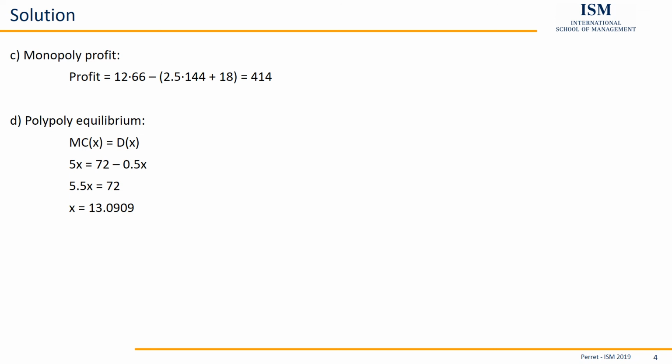So we insert the 13.0909 into the marginal cost, getting 5 times 13 point something, so a polypoly price of 65.4545. Again, we can check whether this looks correct. In a polypoly, the price is always lower than in a monopoly. Here we have a monopoly price of 66 and a polypoly price of 65.4545, so this checks out as well.